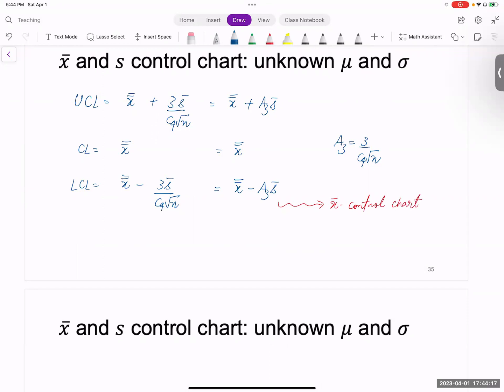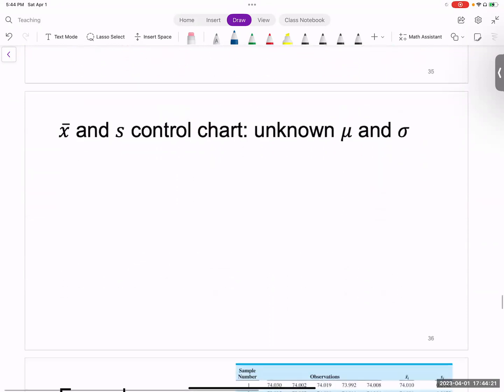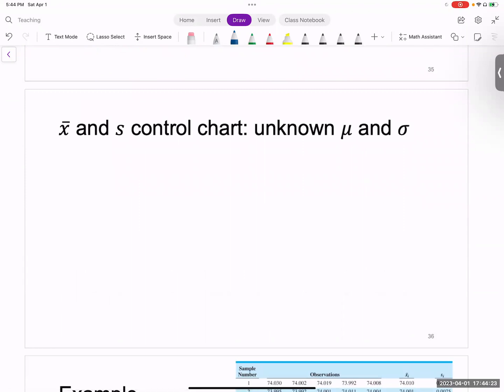So we have done X bar control charts. Let's finish up the S control chart, and then we should be done with more or less all of the major control charts. For the S control chart, we need mu of S, which is equal to sigma times c4, and sigma of S, which is sigma times square root of 1 minus c4 squared.